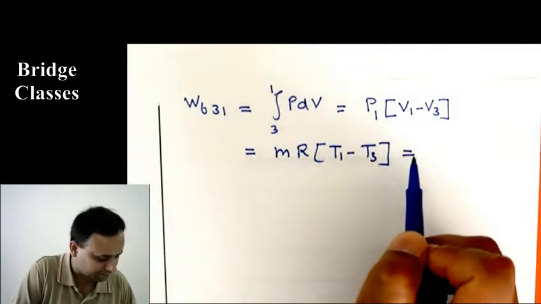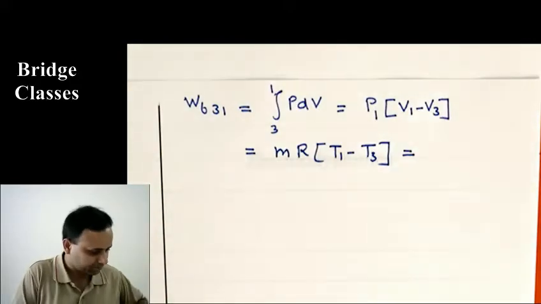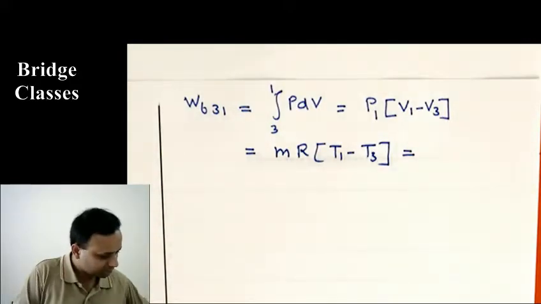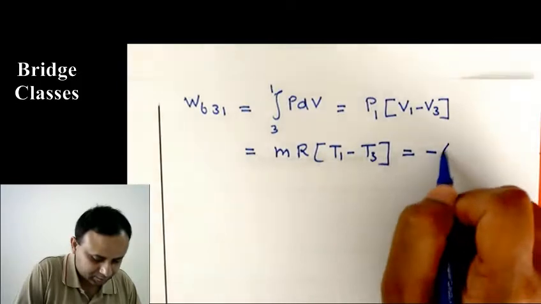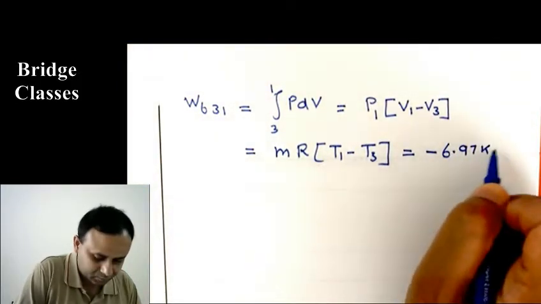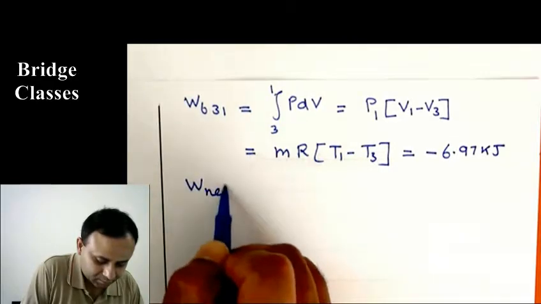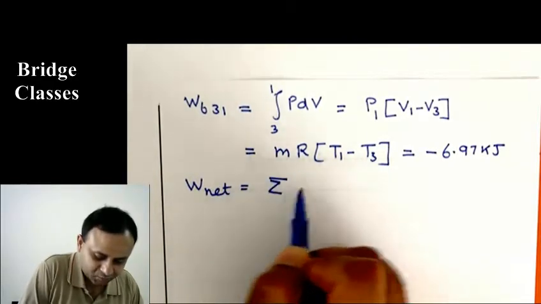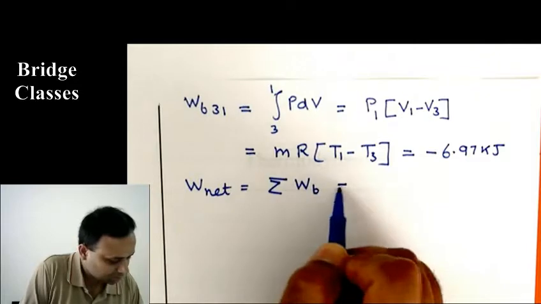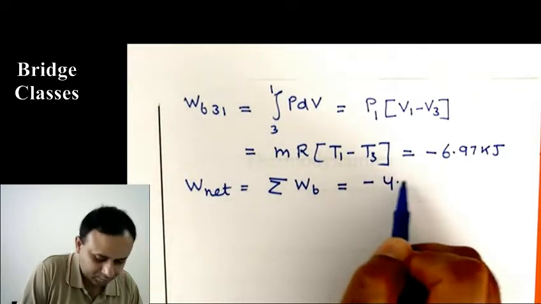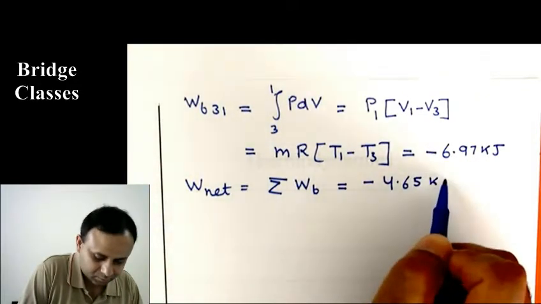So plug those numbers, and that gives us this work as negative 6.97 kilojoule. And if you want to find the net work, you just add the sum of all the works, and this is negative 4.65 kilojoule.